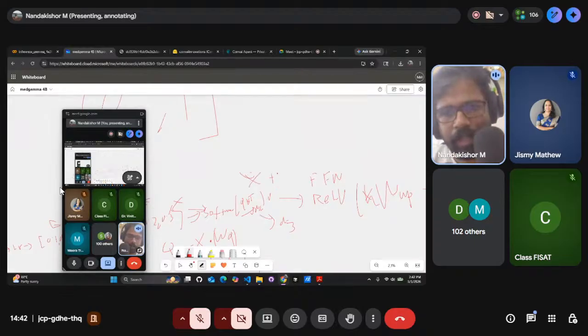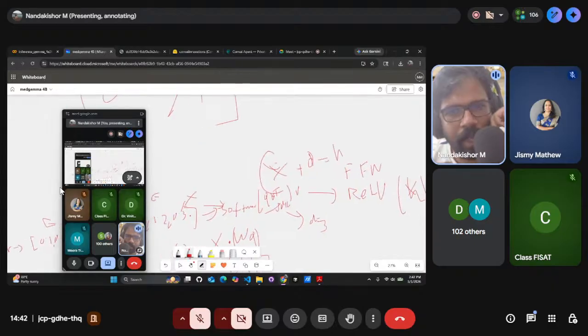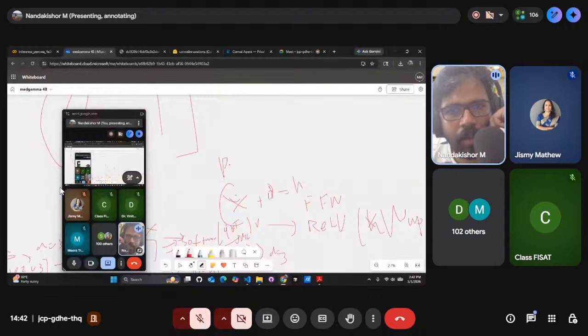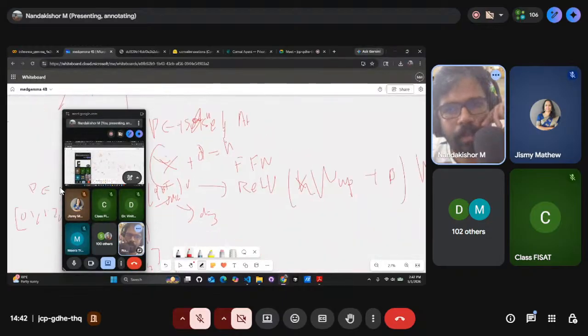So X plus O is called H. This is what we call a residual connection. Why do we need to add a residual connection? We are adding that to get more context to the ReLU, to the FFN layer.